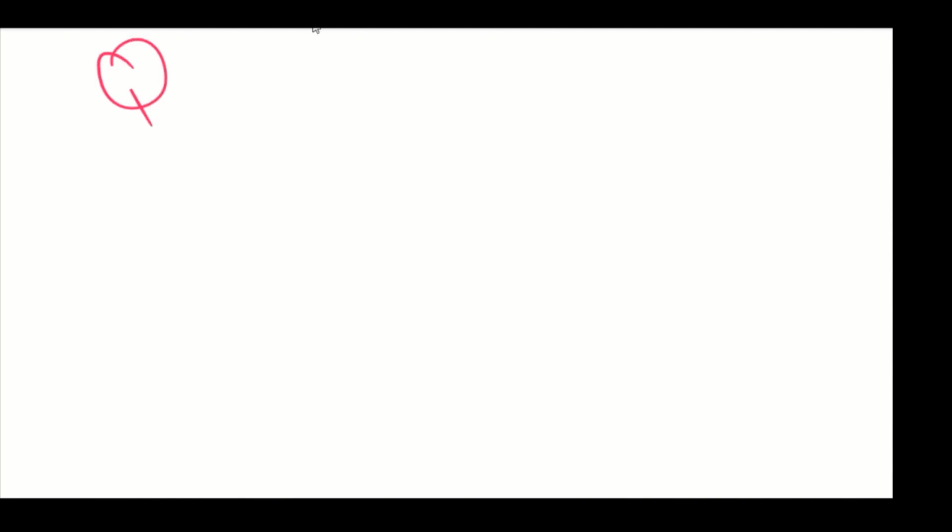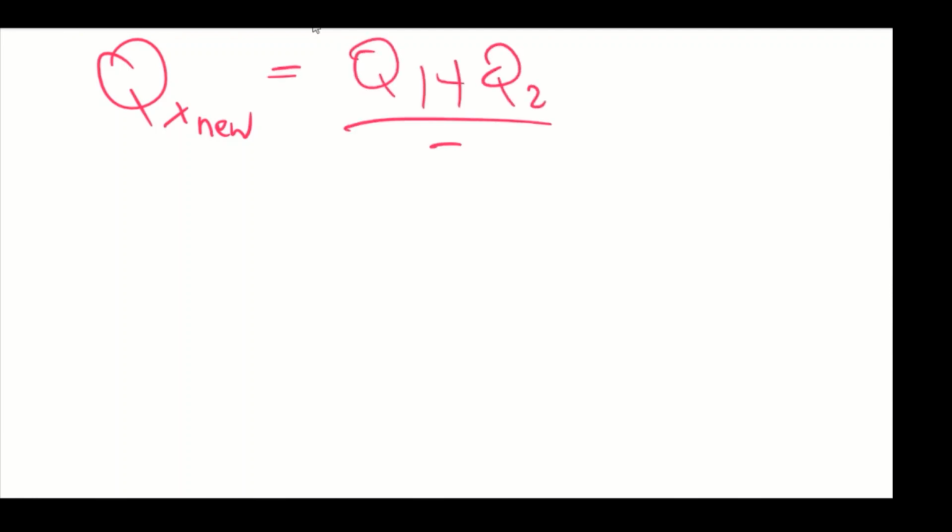So let's do the calculation of this one. We're gonna have our Q of X new, because we want to know the new charge of Qx. Obviously both will have the same charge, so it's going to be Q1 plus Q2 divided by 2, right? You all know this formula.